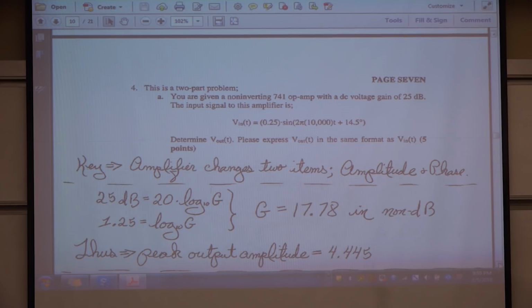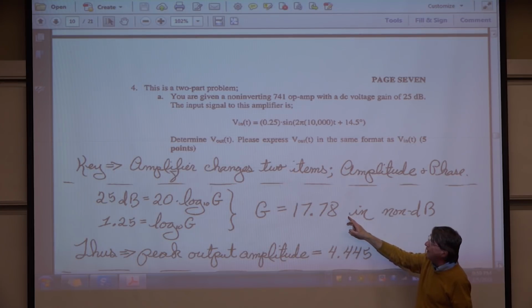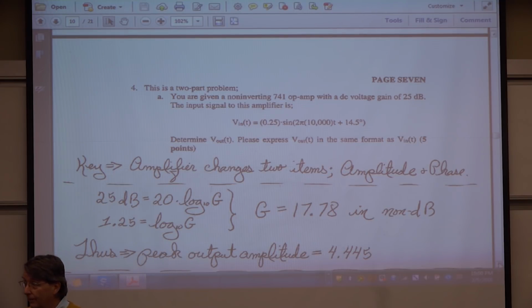I say, perfect. What is the peak input amplitude? 0.25 volts, right in front of the sine. So I take 0.25 and multiply it by 17.78, and I get 4.445 volts. That's the output.